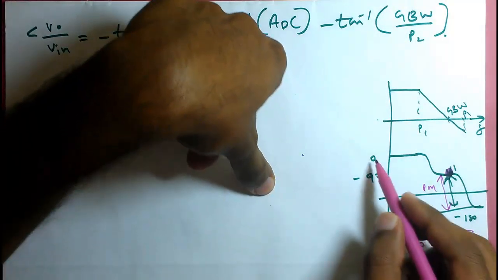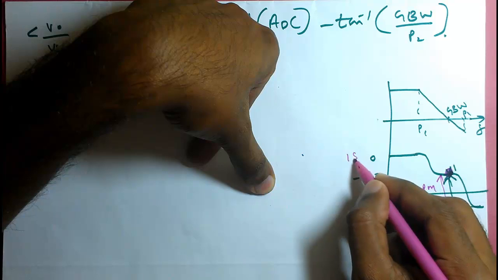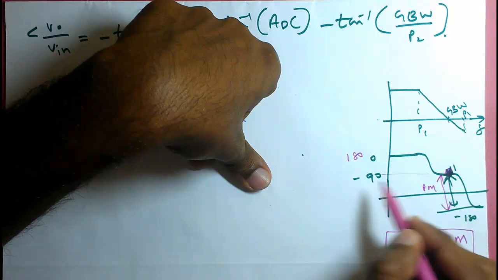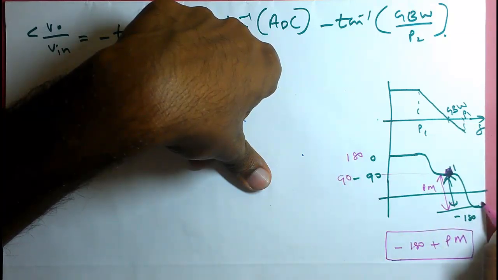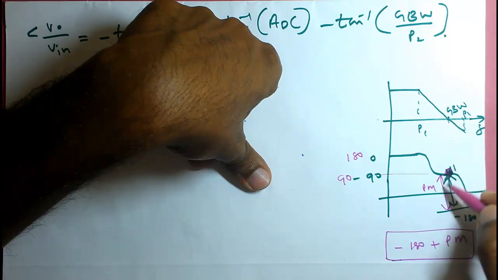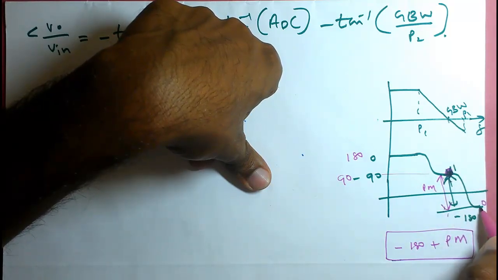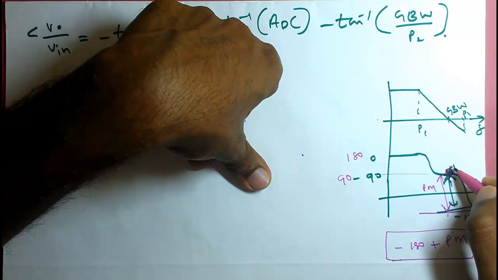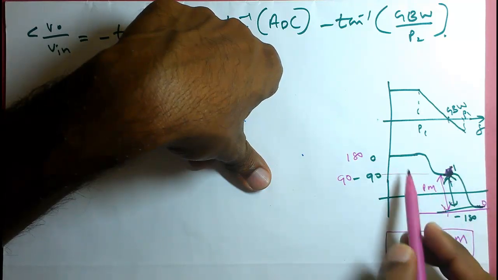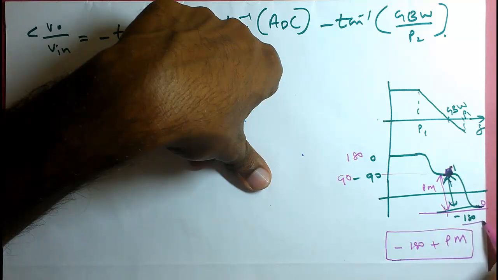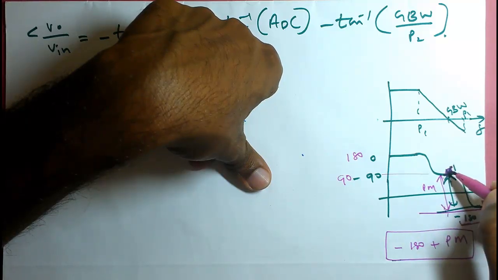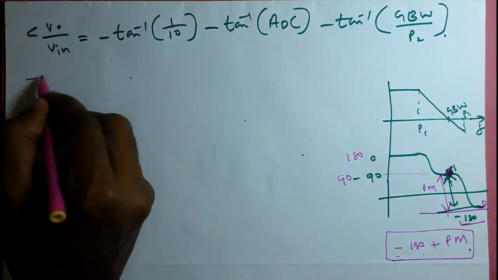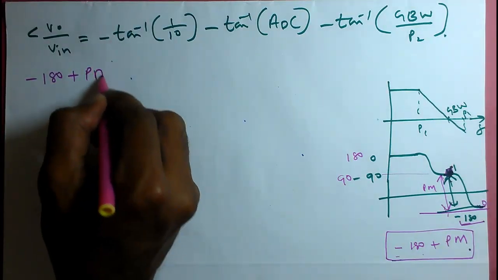Or if we suppose we started from 180, then it is a little bit easier. If we started from 180, this point will be plus 90, and the final point will be 0. So whatever this point is, it will equal the phase margin, because 0 plus phase margin is this angle. But if we start from 0, then the final point will be minus 180, and the exact angle here is minus 180 plus phase margin. So what we calculated here is minus 180 plus phase margin.